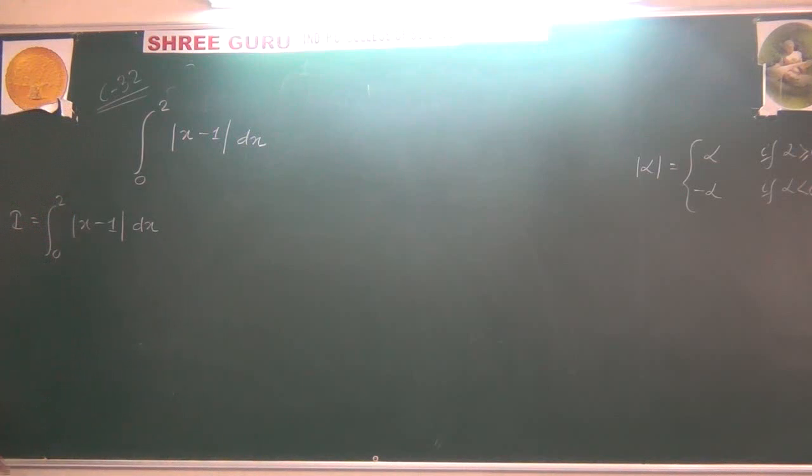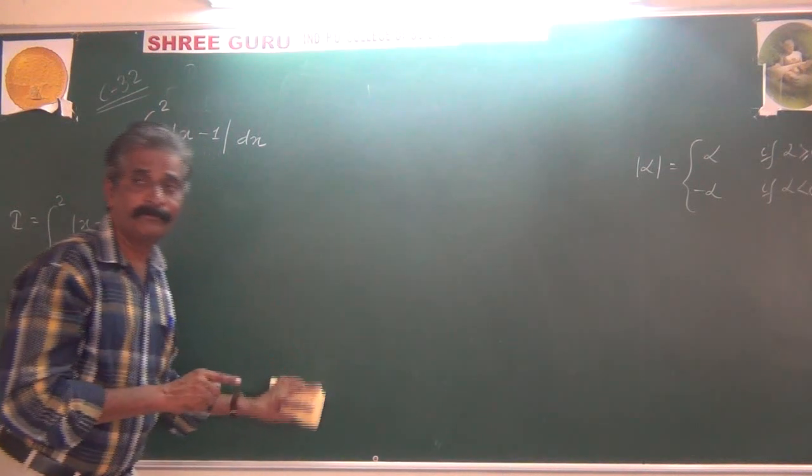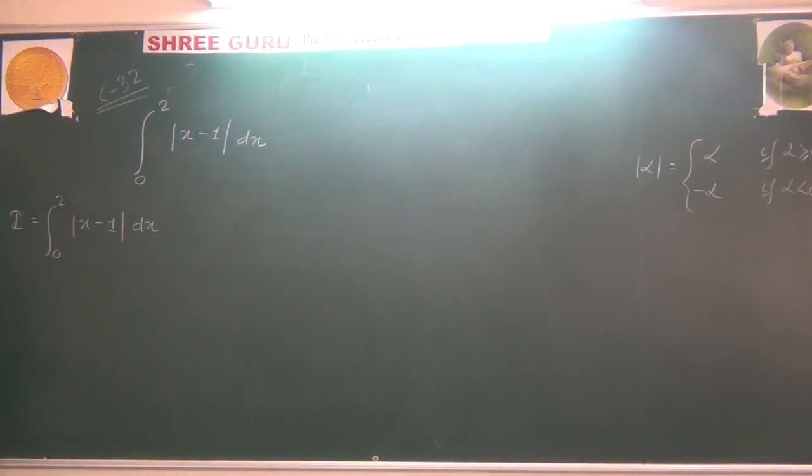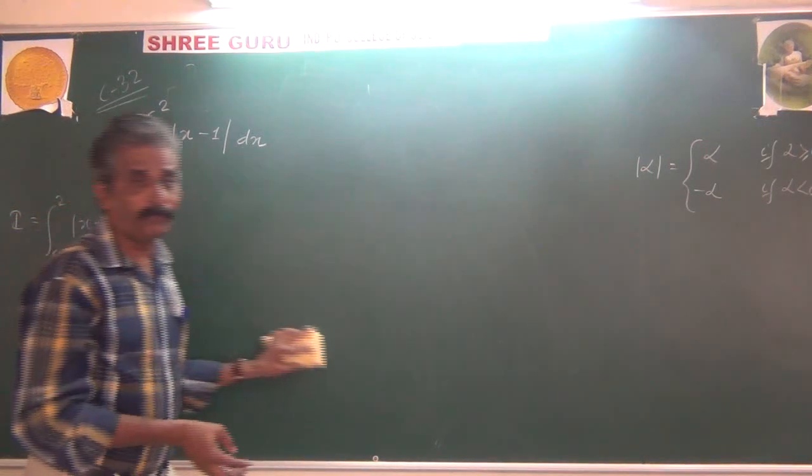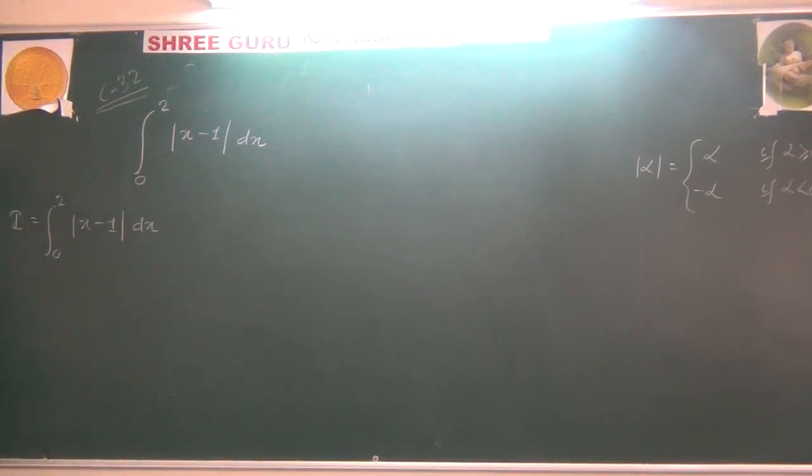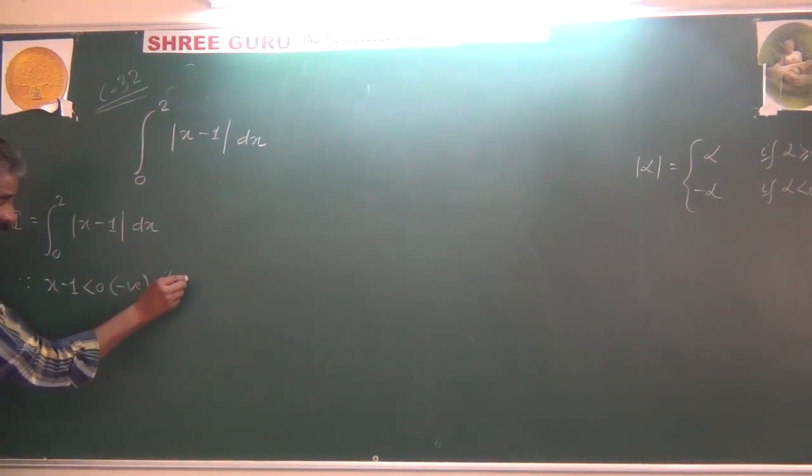It's very simple to tell. If x is less than 1, x minus 1 becomes minus. If x is greater than 1, x minus 1 becomes positive. That means for x less than 1, x minus 1 is negative. For x greater than 1, x minus 1 is positive. Since x minus 1 is less than 0, means negative, if x is less than 1.